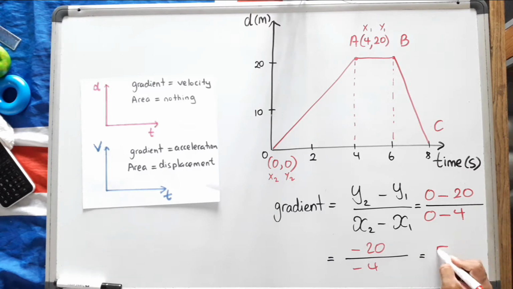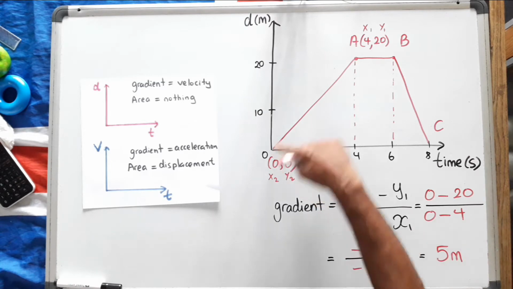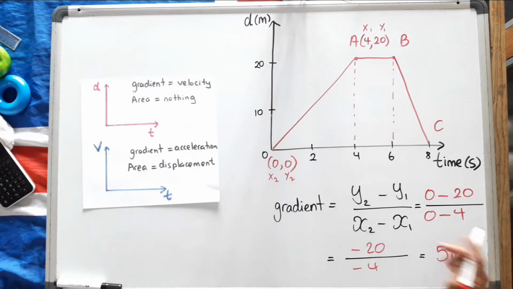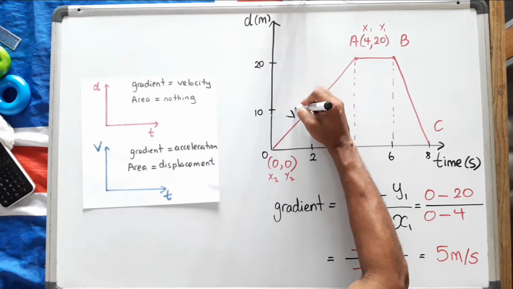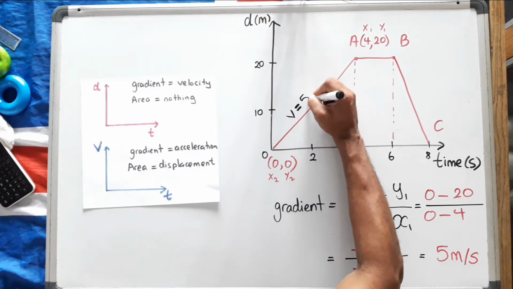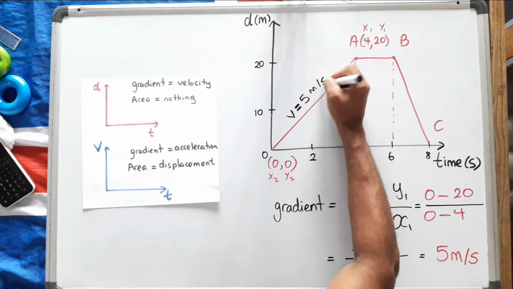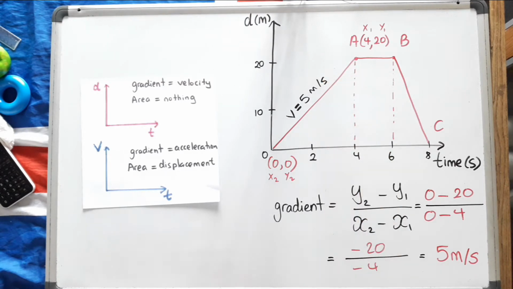When you divide 2 negatives, you get a positive. So the gradient of this portion of the line is 5, but the gradient tells us velocity, and velocity is measured in meters per second. So the velocity of this portion of the line is 5 meters per second. Simple.